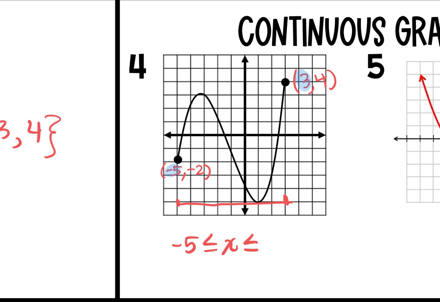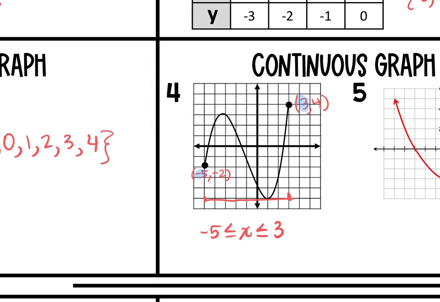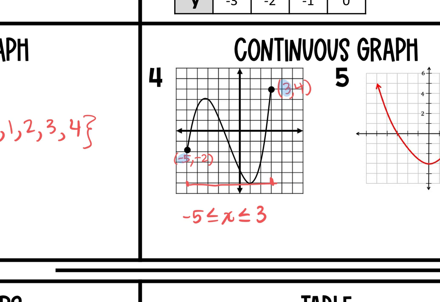So that means the domain is in between -5 and 3. So -5 is less than or equal to x, but x is less than or equal to the 3. Okay? So when you have a continuous graph like this, you're looking along this x-axis left to right. What's the minimum x value? What's the maximum x value? And then you're writing that as that compound inequality.